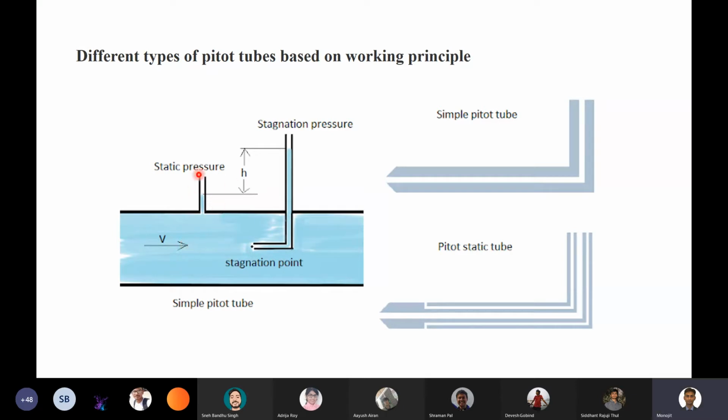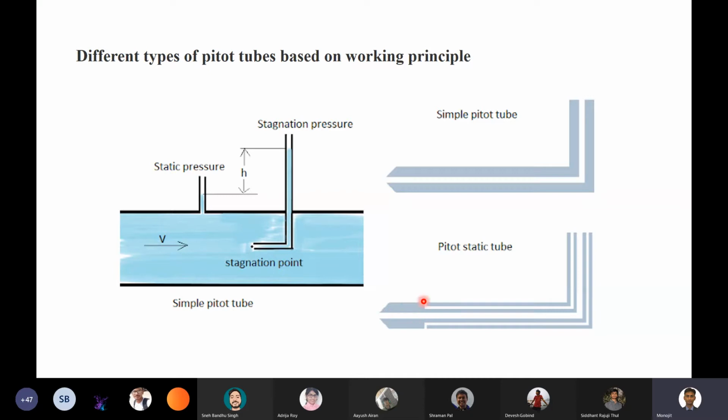Now you can make a different arrangement. You can make the arrangement like this. Instead of two tappings, you can use only one tube. So how do you make this tube? You make a hole at a location perpendicular to the initial hole where the fluid particles are hitting the pitot tube. Now see the position of these two holes.